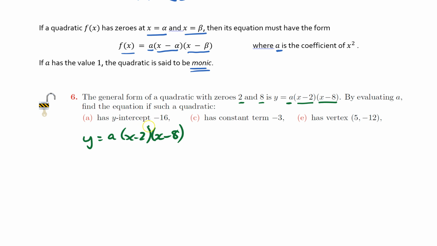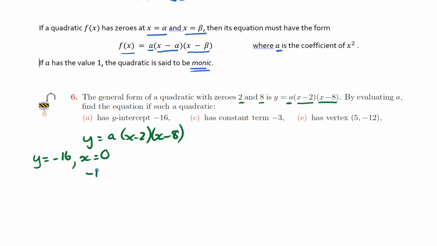So if it has a y-intercept of minus 16, what does that mean? It means that it cuts the y-axis at minus 16. When does that happen? It happens when x equals 0. So we know that little fact. So we substitute into our equation now.